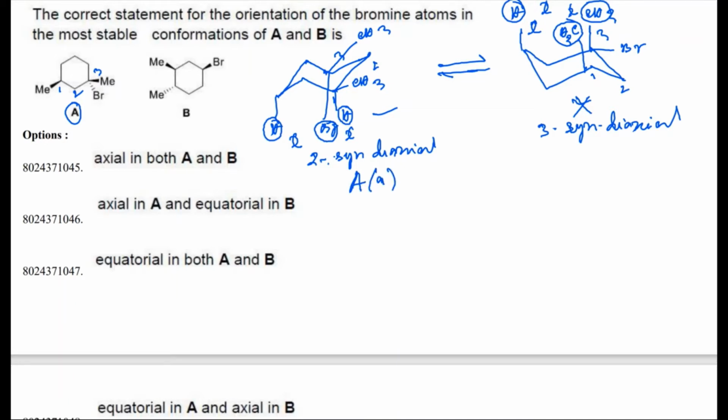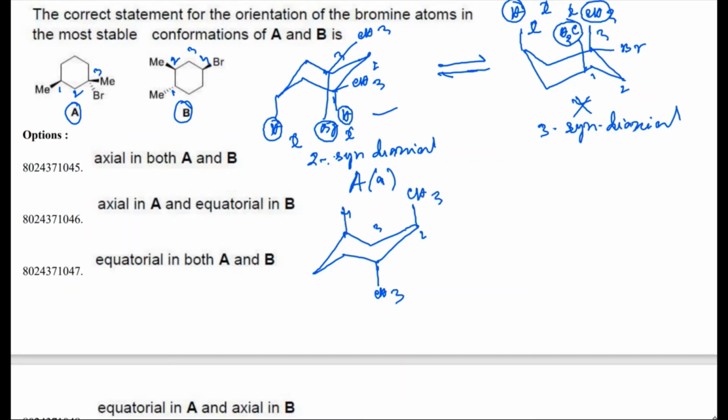And if we take the compound B and number this as 1, 2, 3, 4, now we'll draw it in chair conformation. The methyl group at 1 is below the plane, and in 2 it is above the plane.